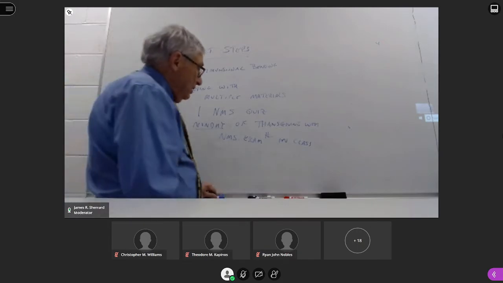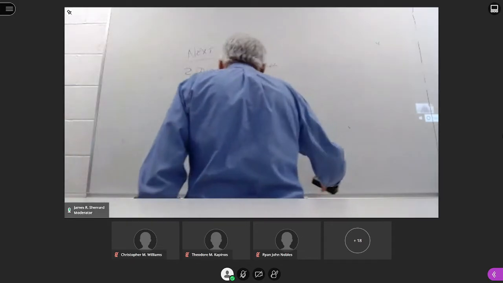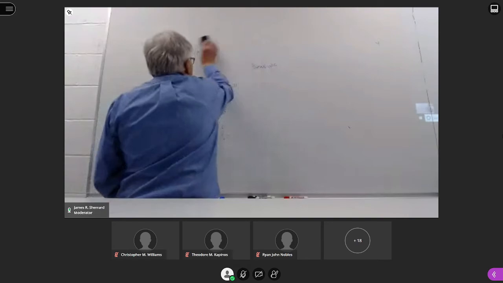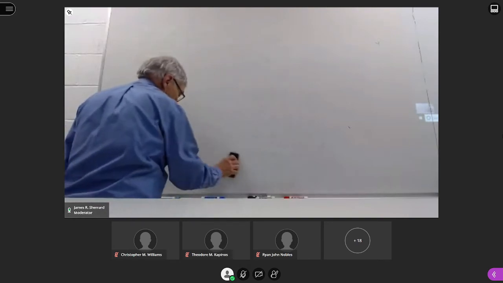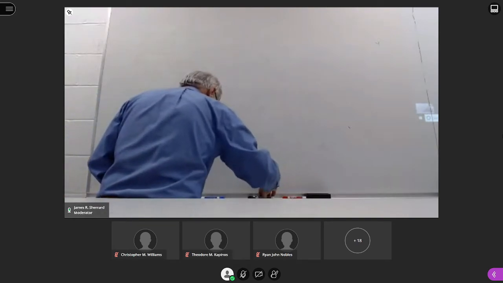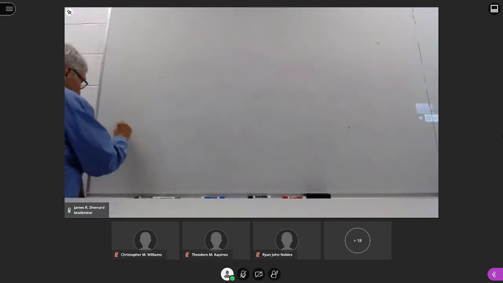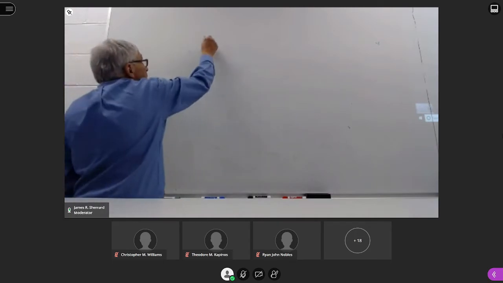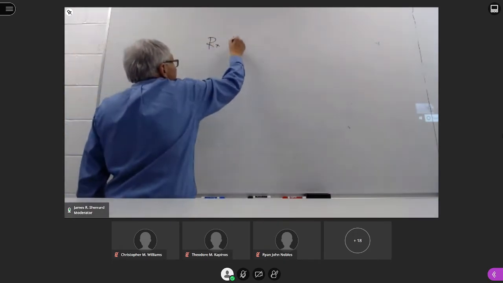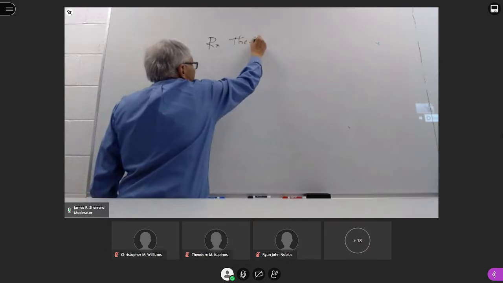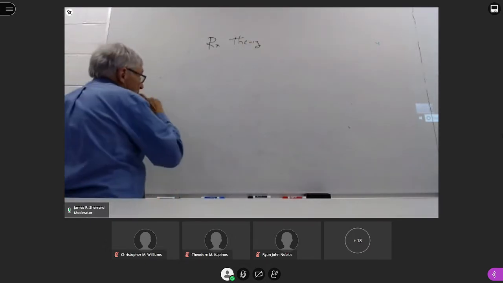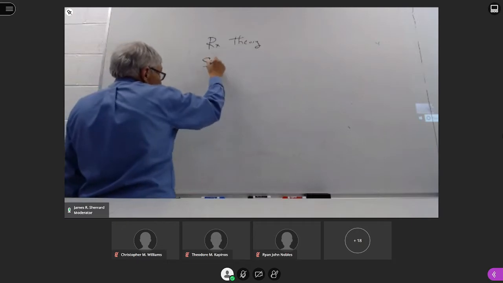Okay, let's shift courses here and let's look at reactor theory. And just to summarize where we've been thus far, we're at steady state reactor.